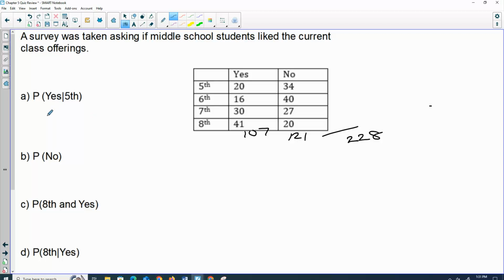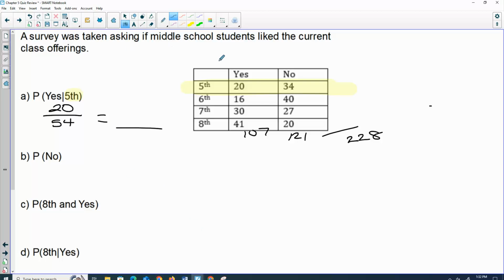Okay, so probability of yes given it's a fifth grader. So all I'm looking for is my fifth grade. Ignore the rest. If you need to, I'll give you a sticky note. Cover up the rest of that table. How many fifth graders are there? Of those, how many said yes? And that would be your answer.